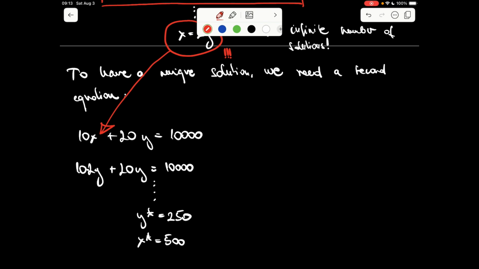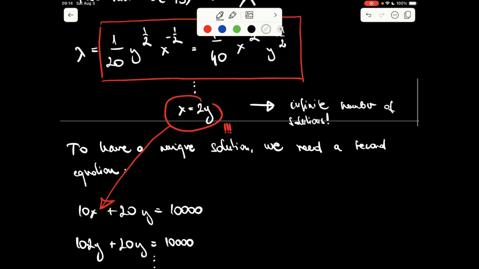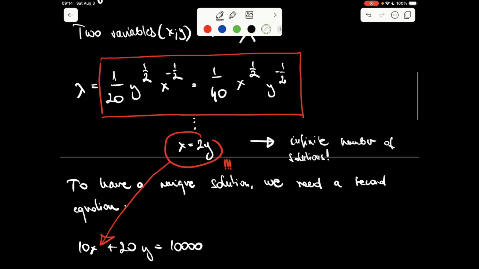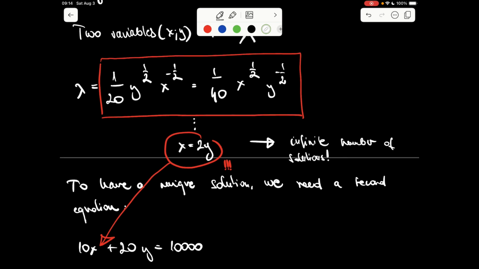And we can easily check that this solution satisfies the budget constraint. No surprise, it followed from the budget constraint and it satisfies the necessary conditions. No surprise, this is a consequence of the necessary conditions.